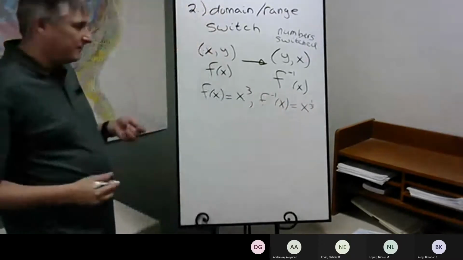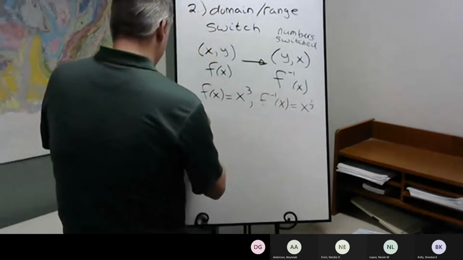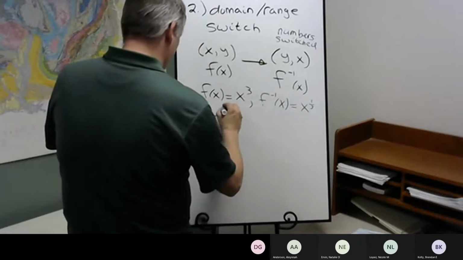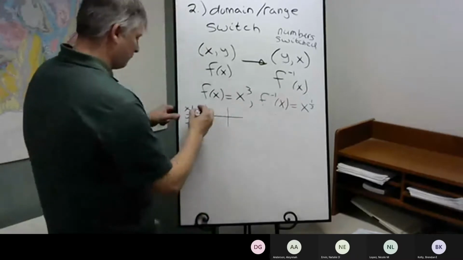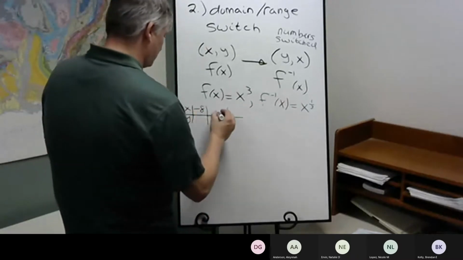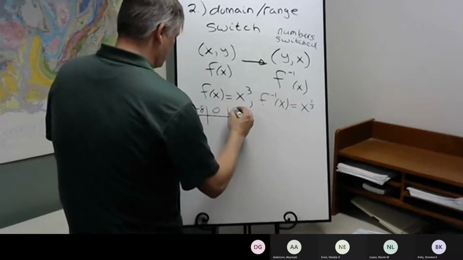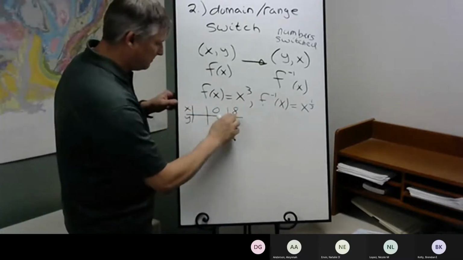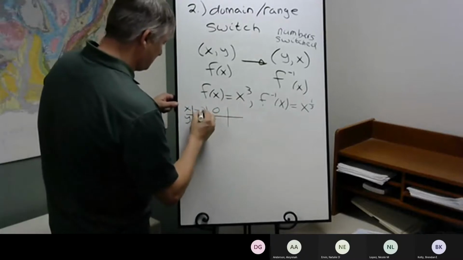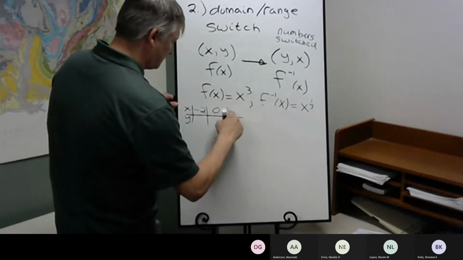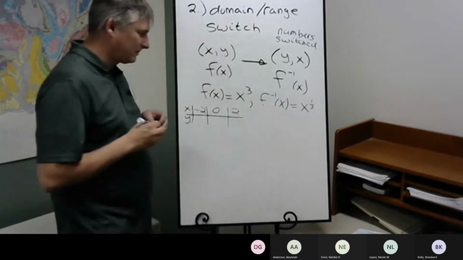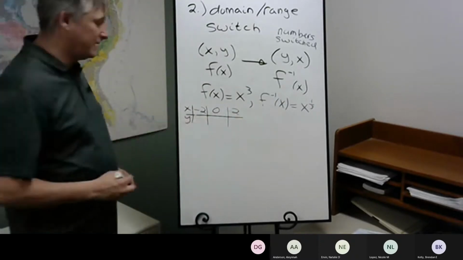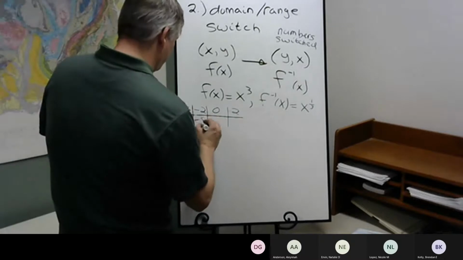so if we take f of x, actually let me do this, twos. So if we cube -2, we're going to get -8.